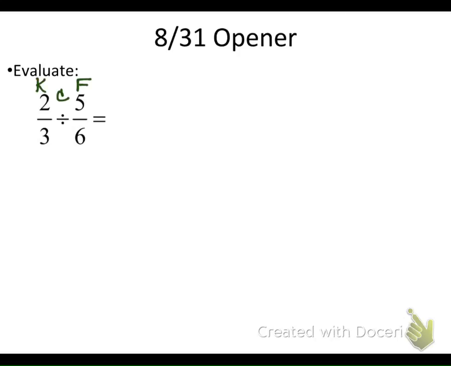So Kelsey, if I'm going to keep, what does that mean? Stays the same. If I'm going to flip, I'm going to find the reciprocal of which fraction? And then change. What do I change, Kelsey? So now we just have a multiplication problem. So we're going to follow the multiplication rules.